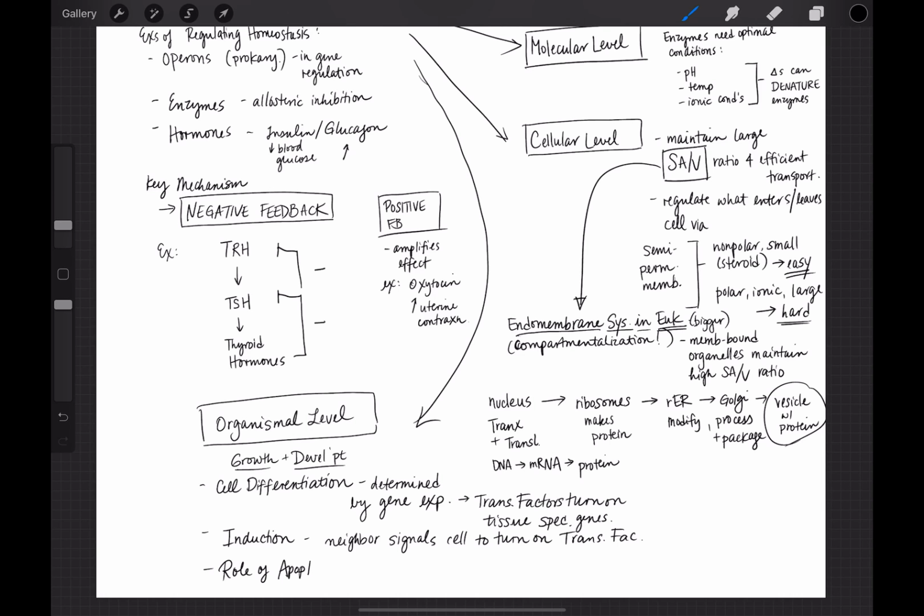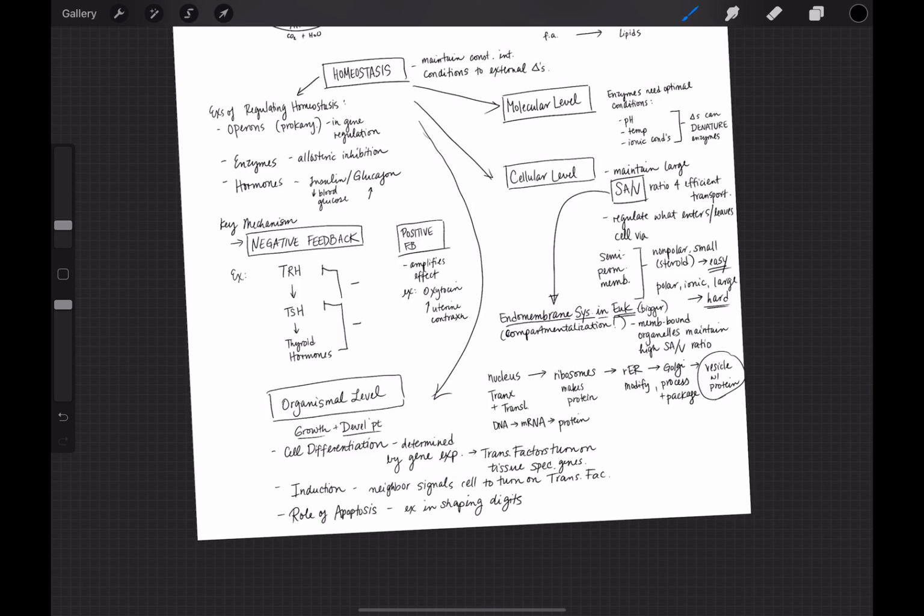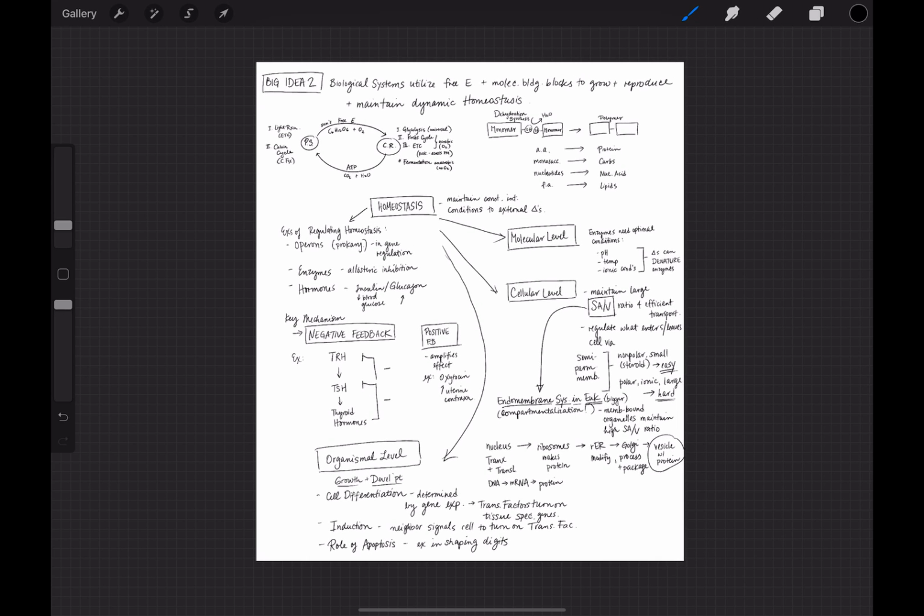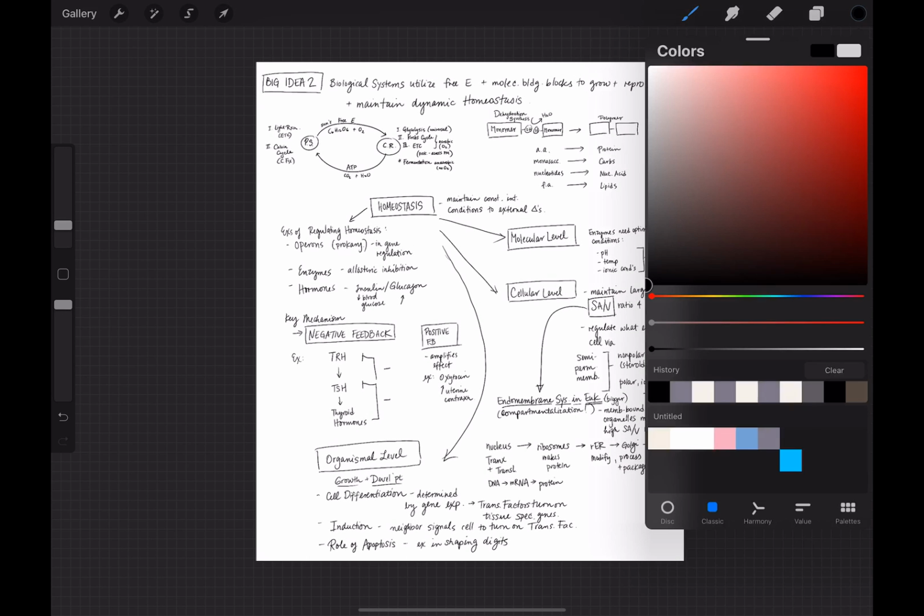Finally, we also looked at apoptosis and its role in development and growth. The most memorable example is probably the shaping of your digits. Initially you have webbed fingers, and then through apoptosis, the cells in the webs die off, giving you your fingers and toes.